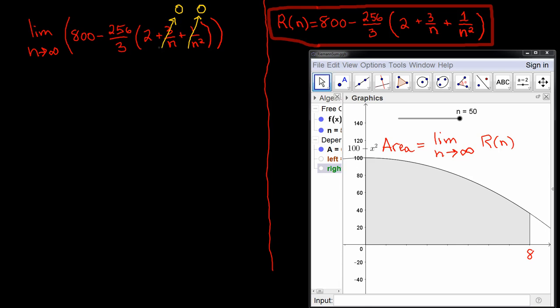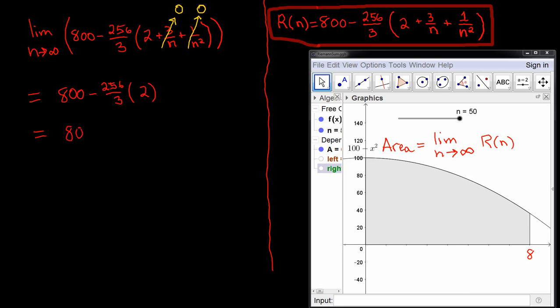And so this limit is, let me write it down. Well, the 800 doesn't care about the limit. The 256 over 3 doesn't care about the limit. And the 2 doesn't care about the limit. And then everything else, the stuff that does care about the limit, it's turning into 0. And so we have our answer.